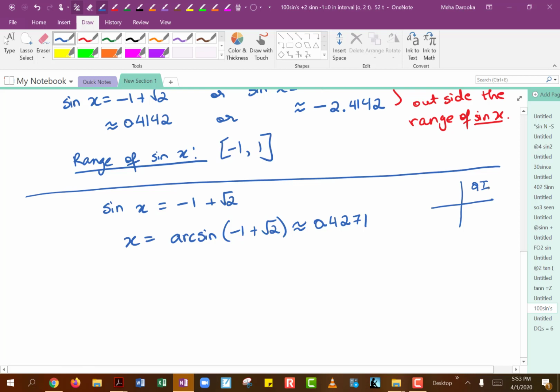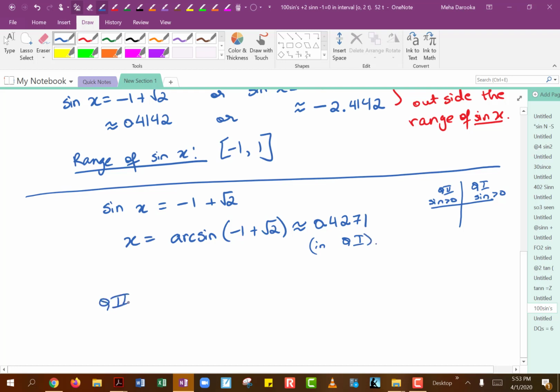So since you have positive sine values in quadrant 1 and quadrant 2, you can also find an angle using this number for quadrant 2. So let's see what our quadrant 2 angle would be, because again remember sine is positive in both of these quadrants. So this is in quadrant 1.